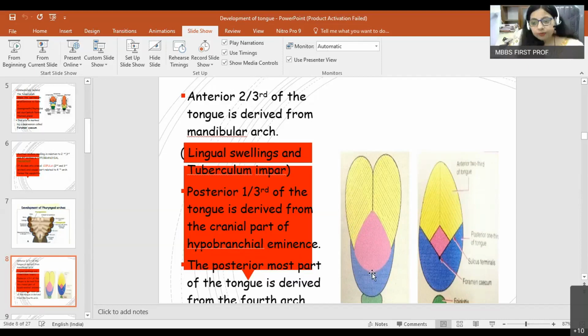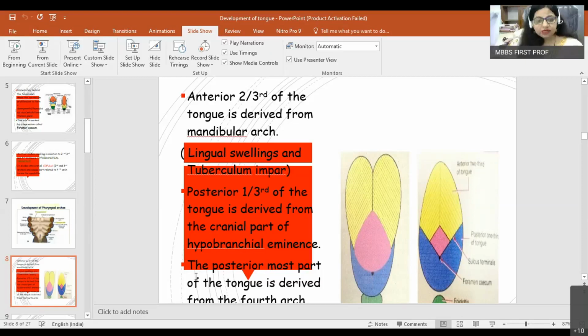The black dot shown here is the foramen caecum. So this shape is finally forming the tongue. This is the anterior two thirds of the tongue, whereas the posterior one third of the tongue is formed from the cranial part of the hypobranchial eminence.